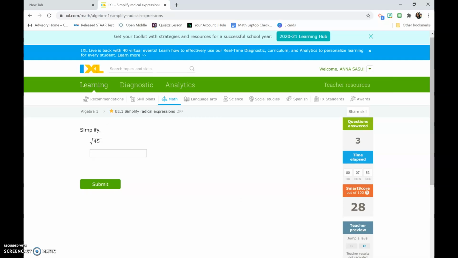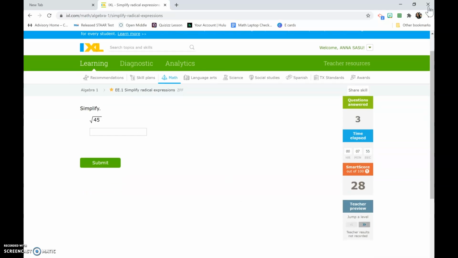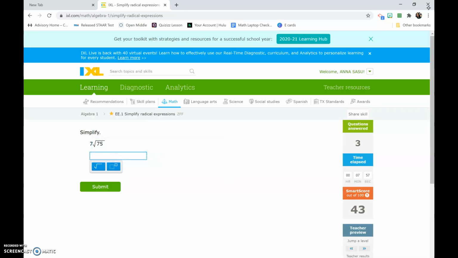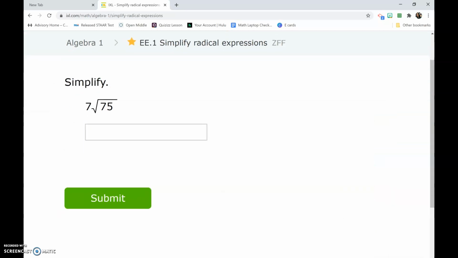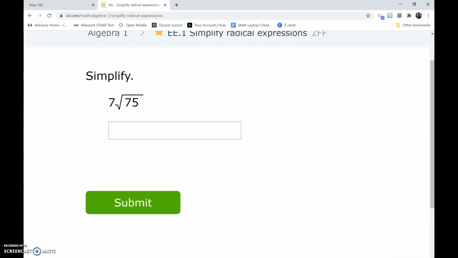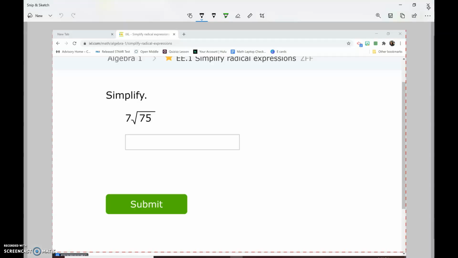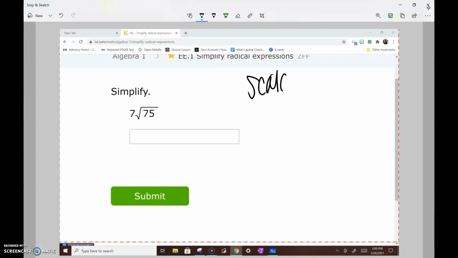Now let me skip ahead because I know some of you say, with IXL I don't get to the harder ones. So now this is just like the other one, but it's a number in front. We call that number a scalar. Don't get too confused by the vocabulary. It's the same exact thing. So let's act like the 7 is not there. I'm just going to worry about the 75 on the inside. So I have 25 times 3. This is the one we just did, right?